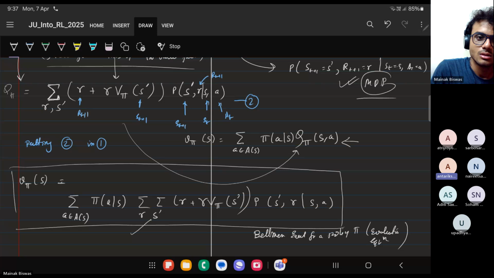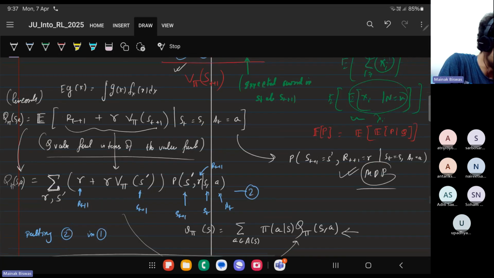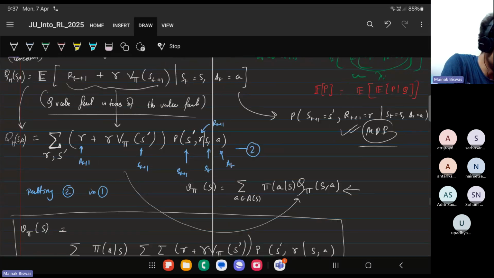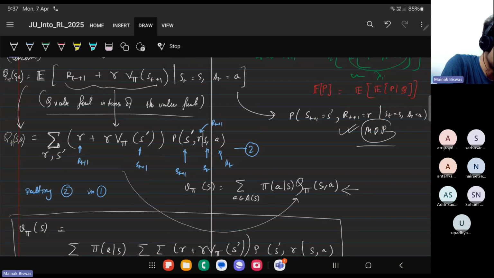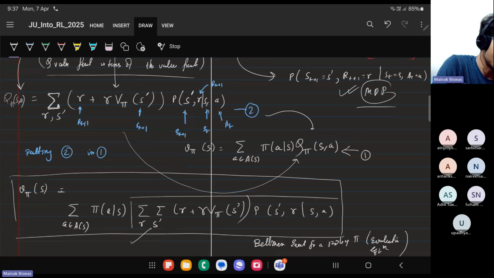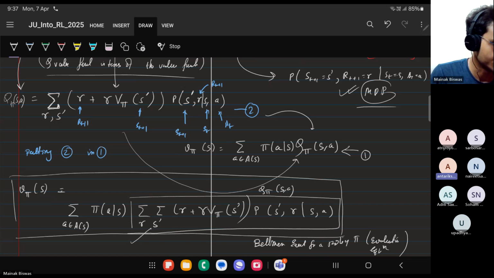The substitution. We found q pi of s, a in terms of v pi. So I just put equation 2 in equation 1, and this is just q pi of s given a. That's it, you just wrote your value function.